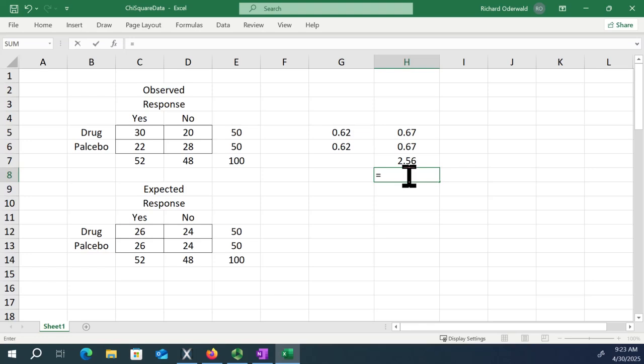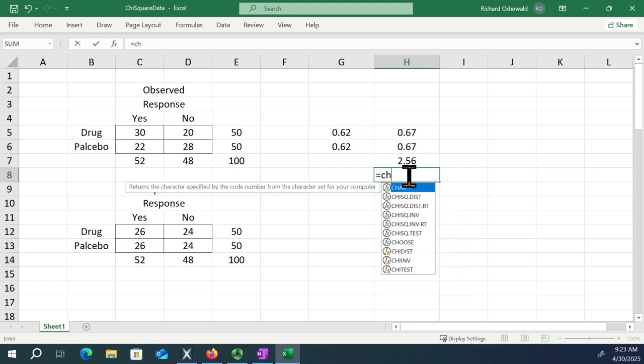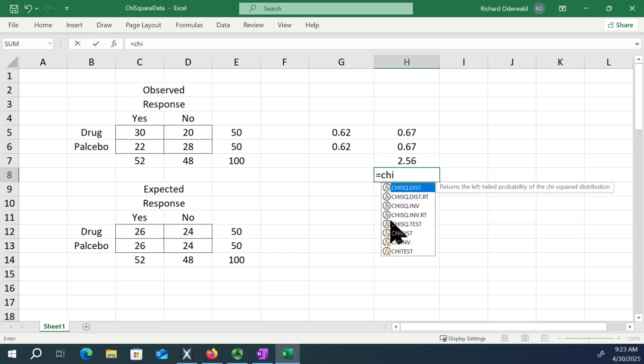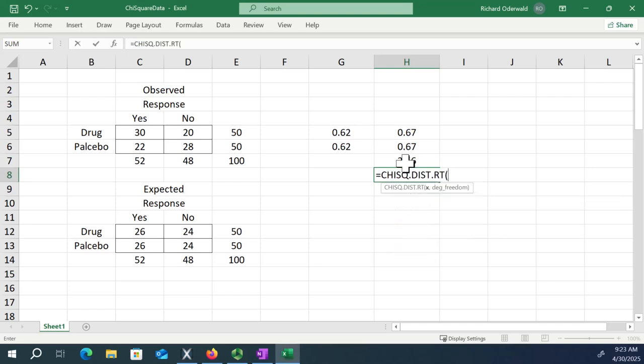This is equals, and start CHI, and you get all the chi-square statistics, distribution, and so forth. And we've got a number, we're going to a probability, and we're using the right tail, so this is CHI.DIST.RT. And here's our value, and this requires a degrees of freedom.